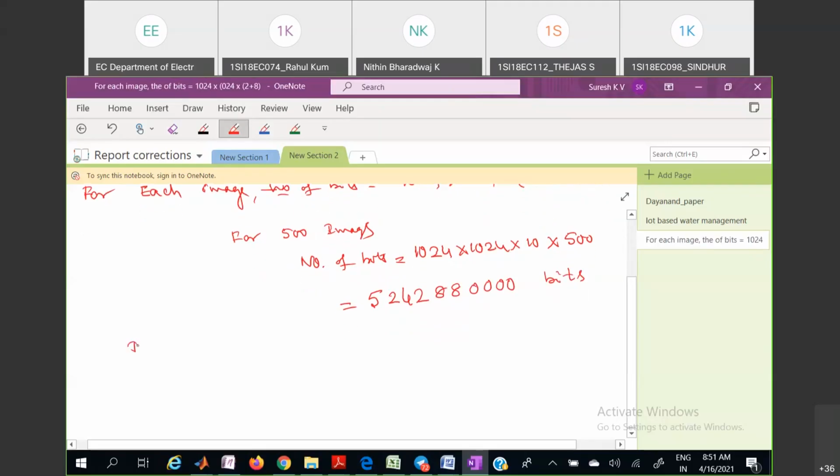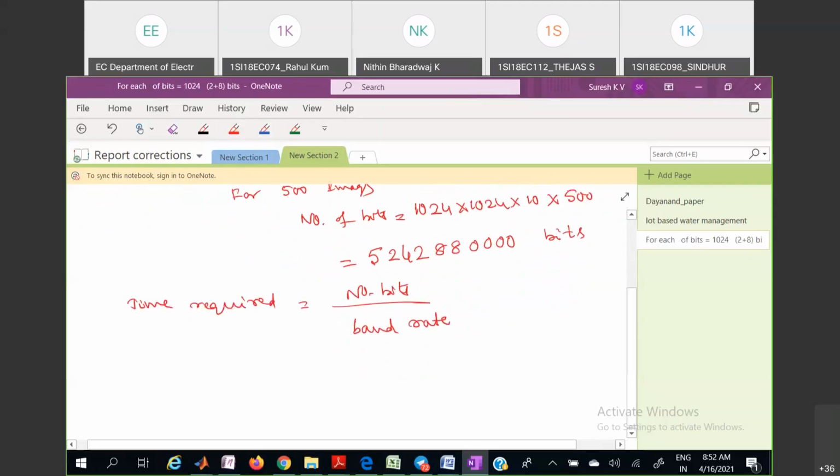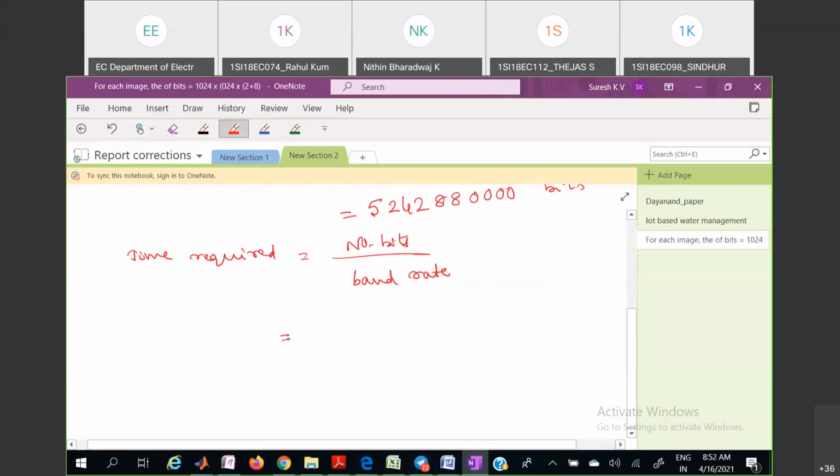So time required is equal to number of bits divided by the baud rate. In the first case, the baud rate is given as 10 to the power of 6, I believe.